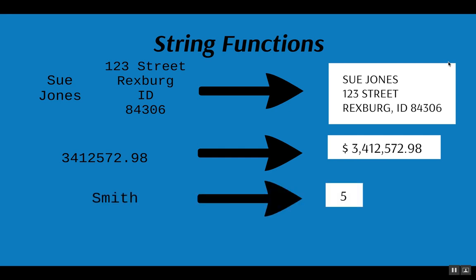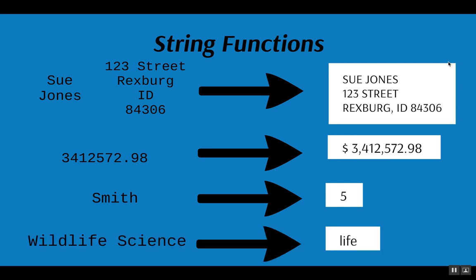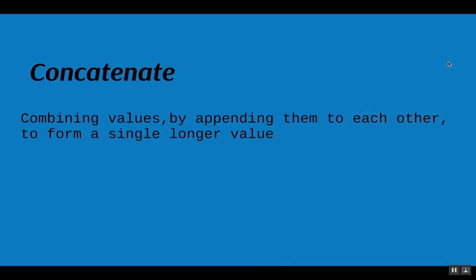Maybe we want to know the length of different text. String functions can also allow us to find the length of text or how many characters are in that text. Or we can search for text or characters inside of other text. Let's look at concatenation, where we can combine values together by appending them to each other to form a single longer string value.